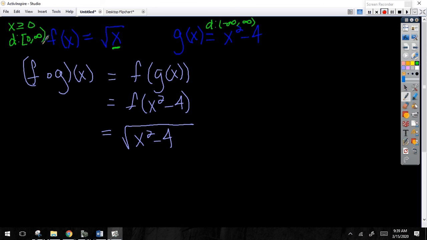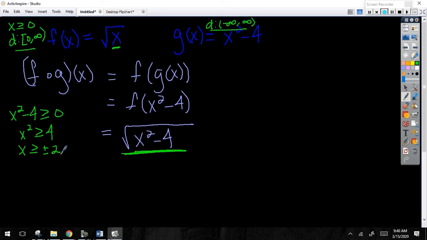Okay. Now, as I look at my composed functions, I need to make sure that it meets these criteria as well as the criteria for this. So in other words, now x squared minus 4 needs to be bigger than or equal to 0. X squared needs to be bigger than or equal to 4, I'm sorry. Which means that x needs to be bigger than or equal to plus or minus 2.